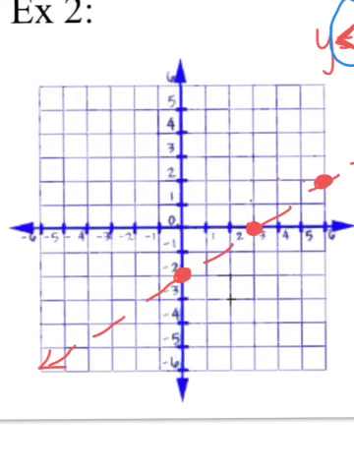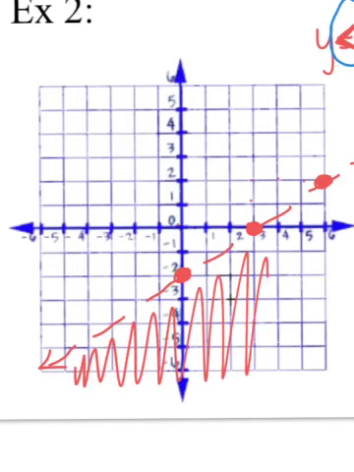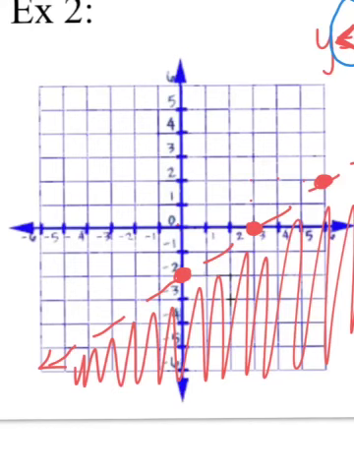Okay, less than would be smaller, so I'm going to shade below. If it's greater than, which is bigger, you'll shade above. So all of the numbers below this dotted line are the answers.